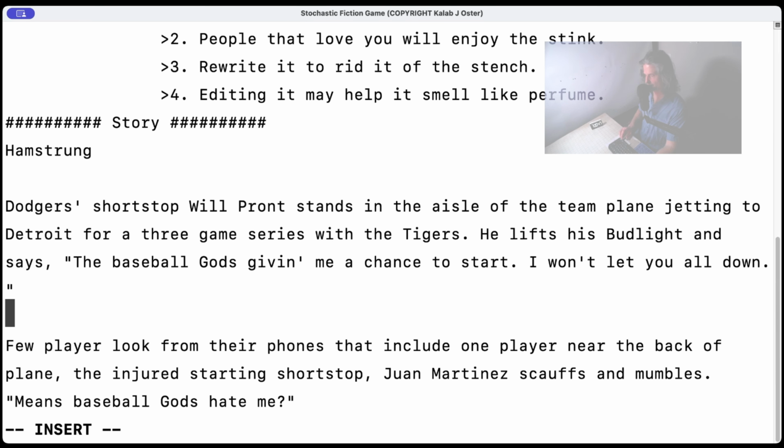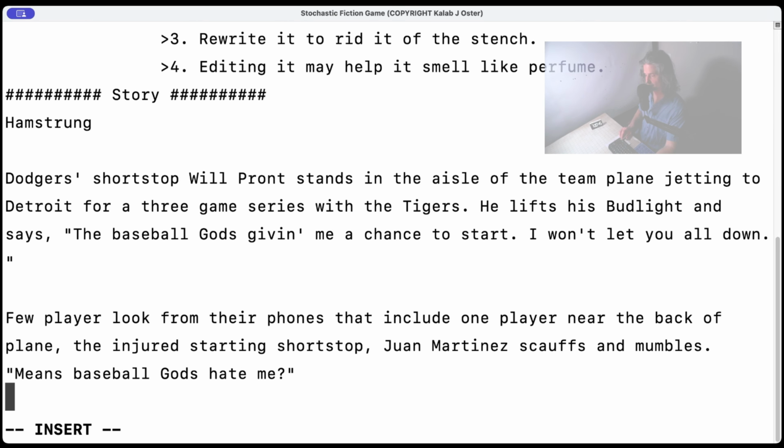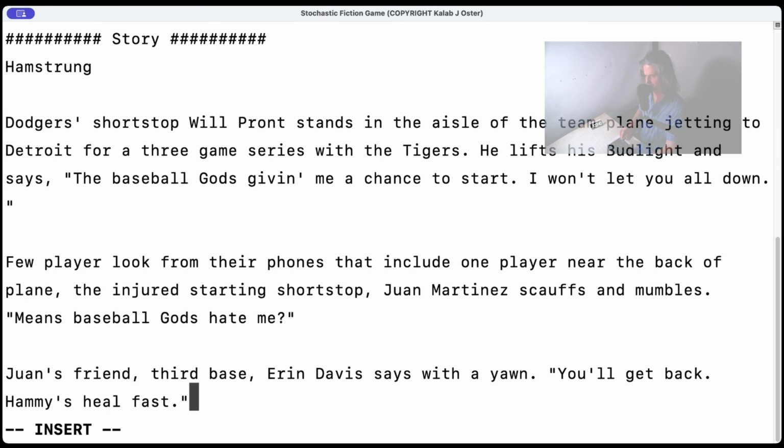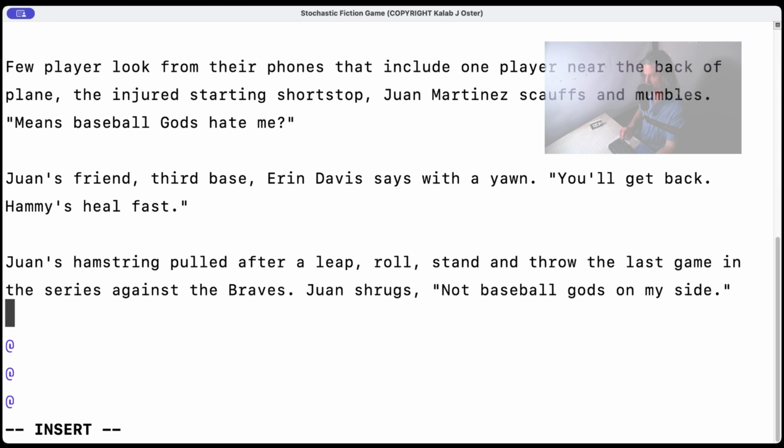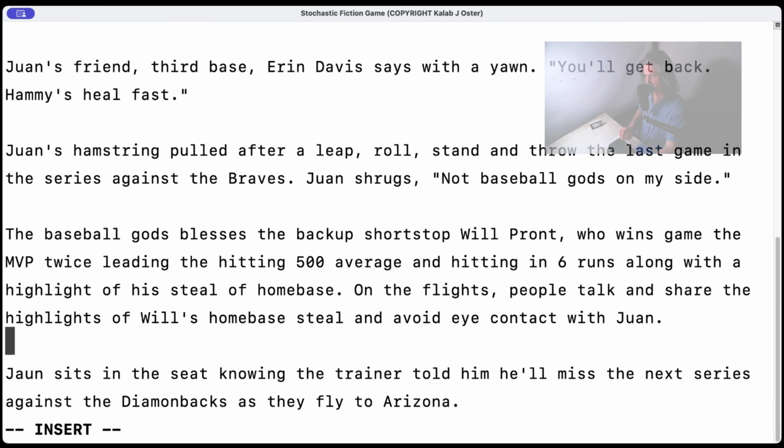That includes one player near the back of the plane, the injured starting shortstop Juan Martinez, who scoffs and mumbles, "It means baseball gods hate me." Juan's friend, third baseman Aaron Davis, says with a yawn, "You'll get back. Hammies heal fast." Juan's hamstring pulled after a leap, roll, and stand and throw the last game in the series against the Braves. Juan shrugs. "Not baseball gods on my side."